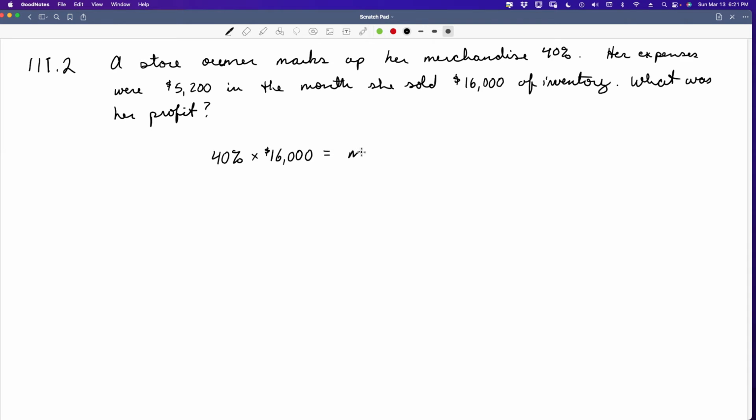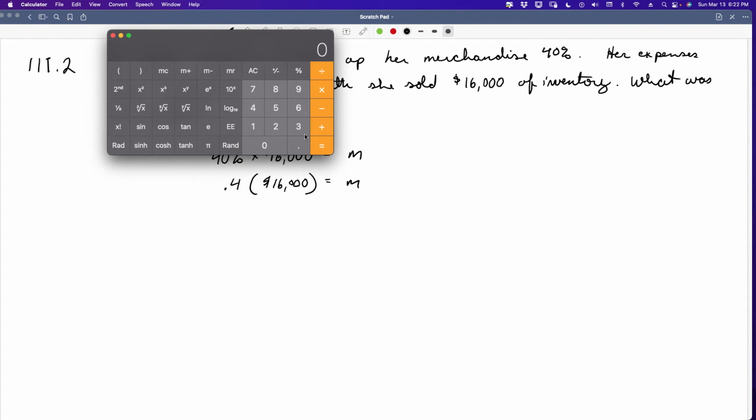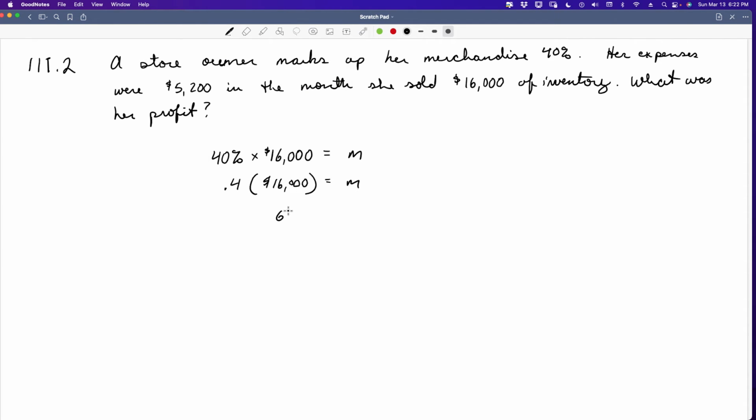That's going to be the markup. Okay, so we can put this into a decimal. That'd be 0.4 times $16,000. So if we put that in the computer calculator, 0.4 times 16,000 equals 6,400. So she made $6,400 in markup.